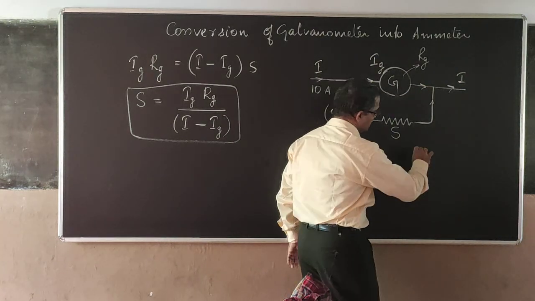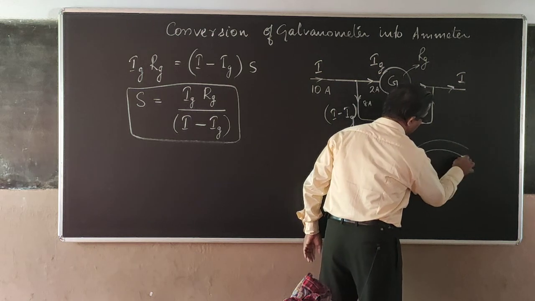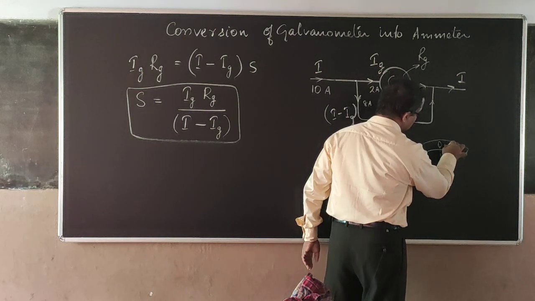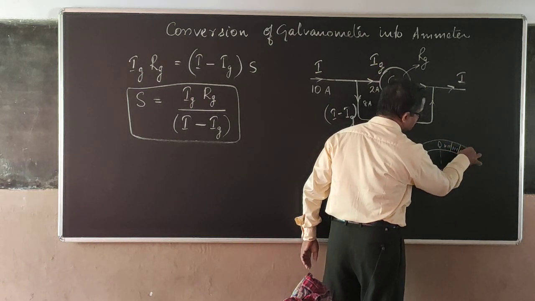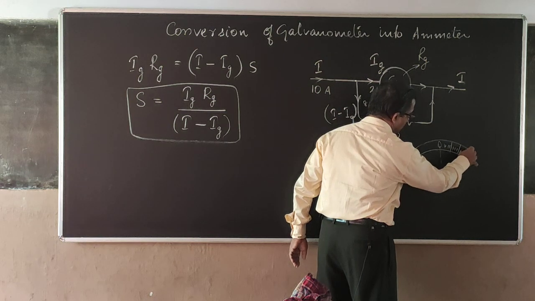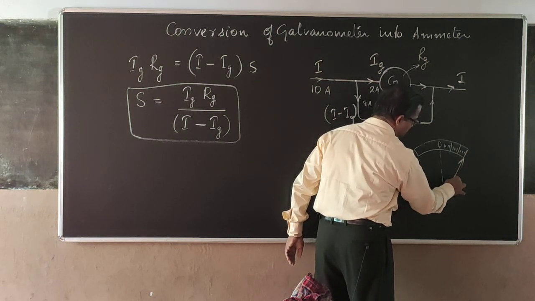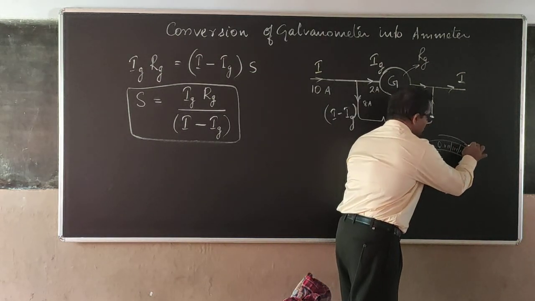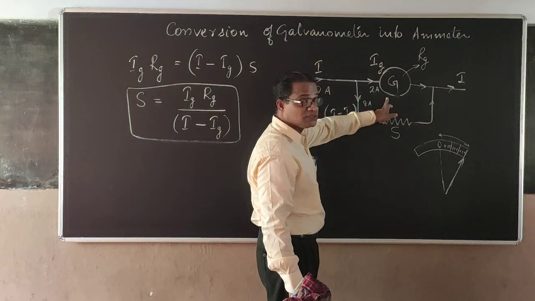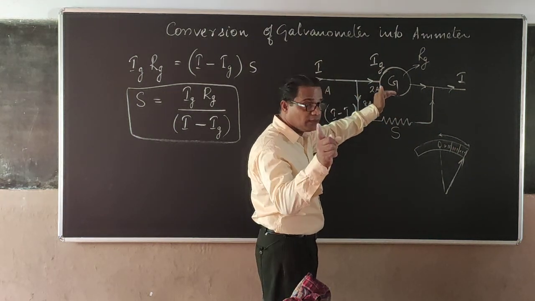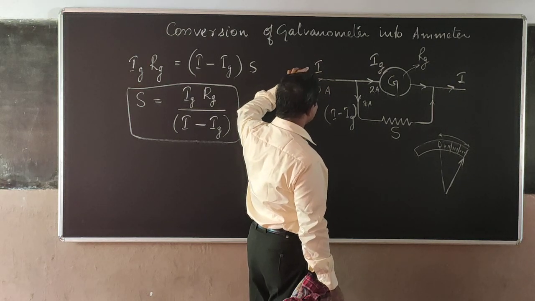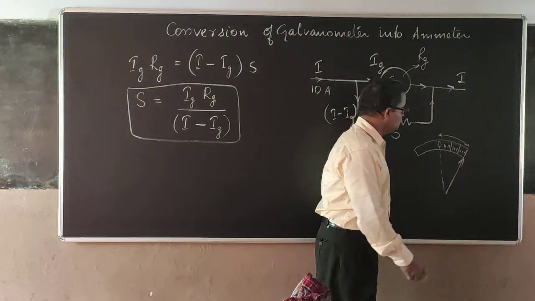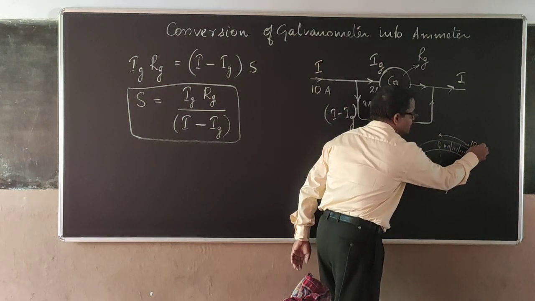The reading will be like this, 0, and the markings will be there like this, and when Ig flows it gives the maximum deflection. That maximum deflection is for 2 ampere flowing through it, but you are sending a current of 10 ampere. So for 10 ampere you get the maximum deflection, and I can take this as the 10 ampere level now.